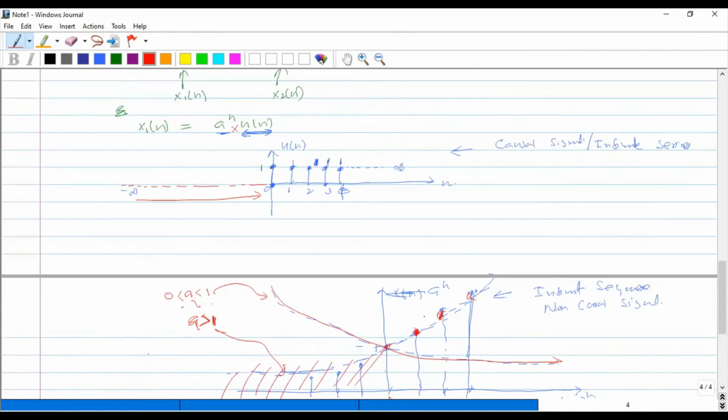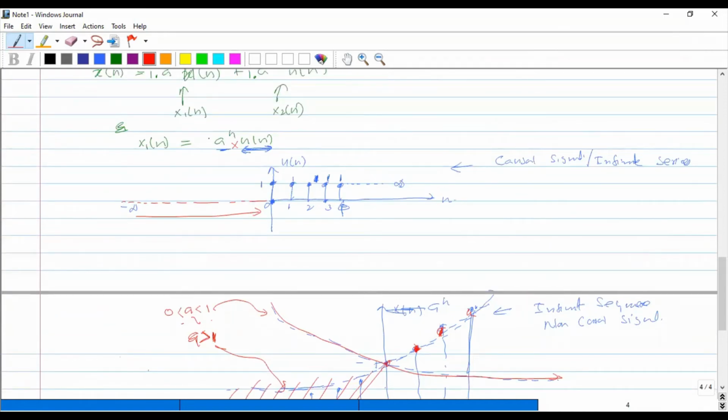So multiplying this signal by u[n] is not going to change anything, but the range of n becomes 0 to plus infinity. It becomes a causal signal now.